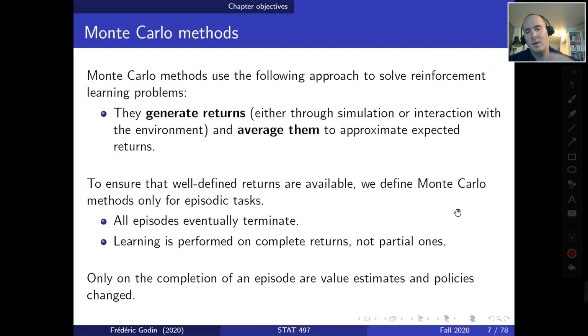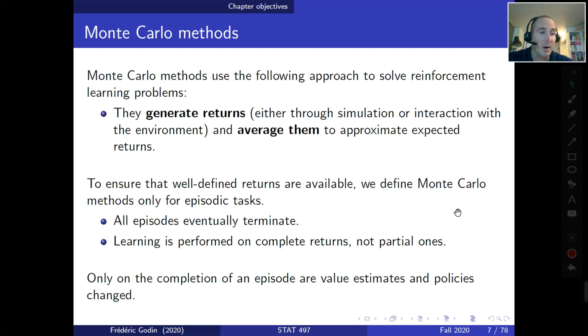A quick note: in this chapter, we're going to consider episodic tasks. We assume that each Markov decision process must end at some point. There's a terminal state, and at that point, the episode stops. The reason is that in episodic tasks, all the episodes terminate, and therefore you do have a return that can be calculated.